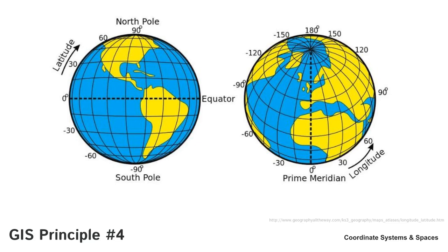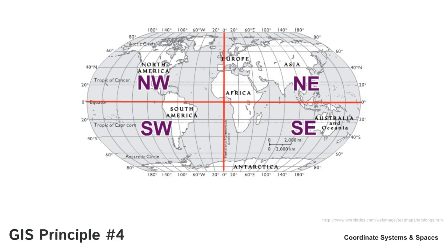So as we come across the United States, we're using a negative longitude. In terms of latitude, degrees north of the equator give us positive numbers. As we go south from the equator, towards South America, we have degrees of latitude that are negative. We can also describe it in terms of northwest, southwest, northeast, southeast as four quadrants.